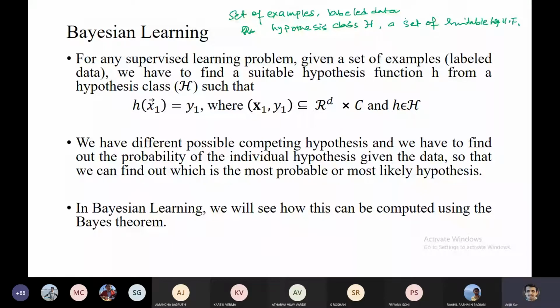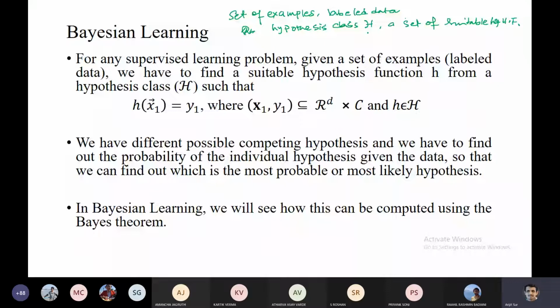Just for example, you can say it's linear regression, or linear curve fitting, or polynomial curve fitting, or a neural net, or an SVM. So this is the kind of class.